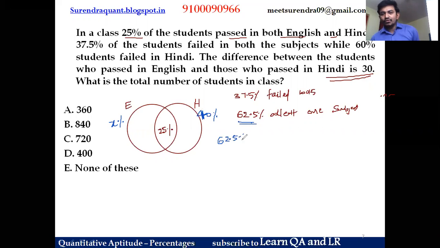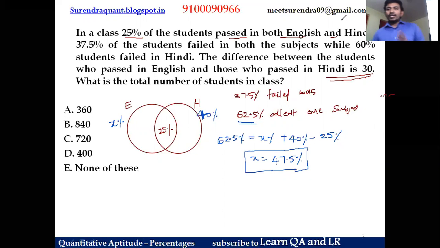That is equal to N of A plus N of B minus N of A intersection B. So 40 minus 25 is 15. If plus 15 comes to the other side, minus 15, 62.5 minus 15 is 47.5%. So that means 47.5% of the students passed in English.